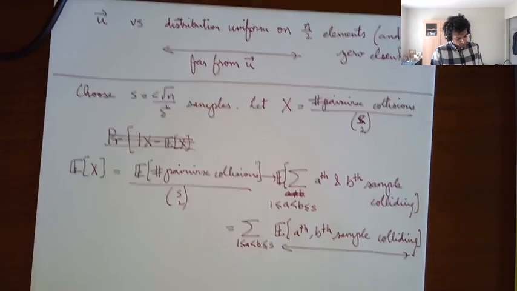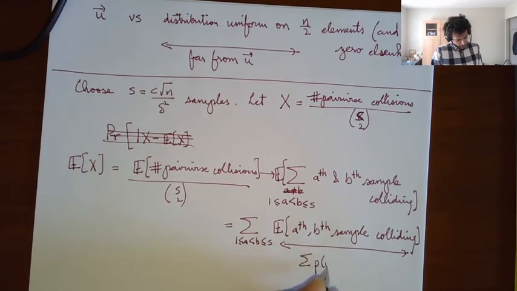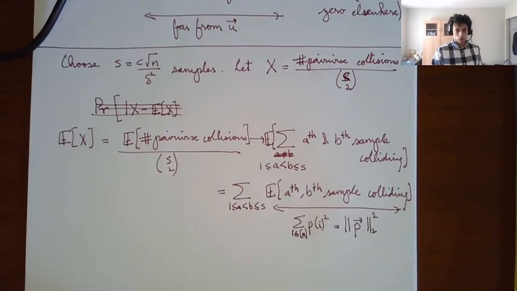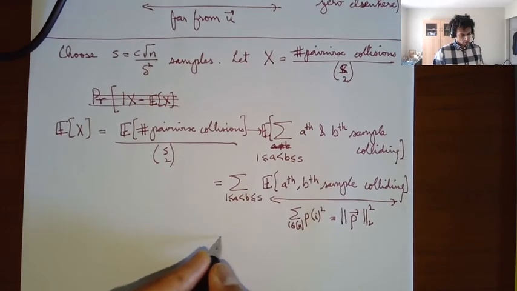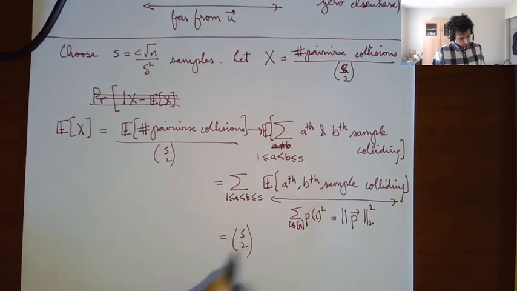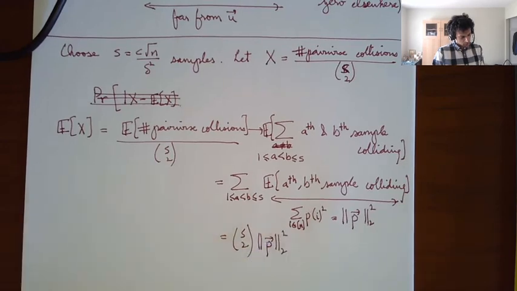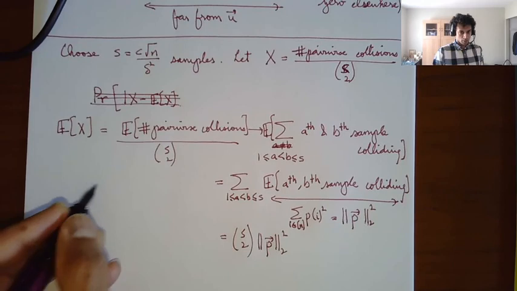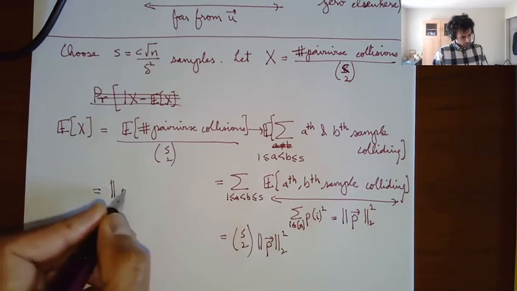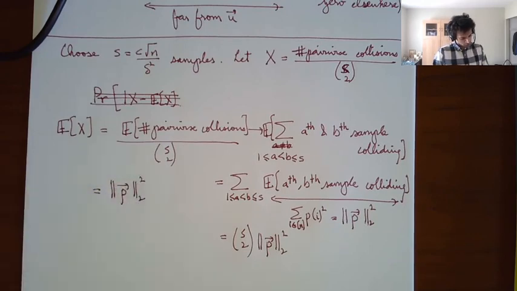The value of this expectation is precisely the sum of p_i squared, which is the 2 norm squared. And so this gives me exactly S choose 2 times the 2 norm squared. Plugging this back in, the expectation of X is exactly the 2 norm squared.